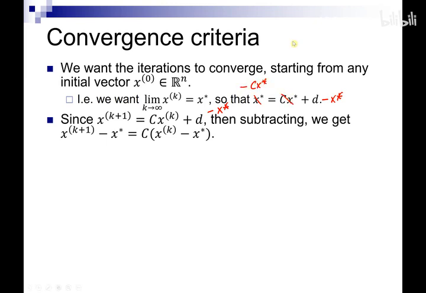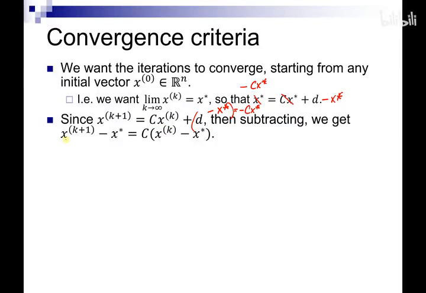You see that D minus x star is equal to, sorry, negative of C times x star. Then you factor out the C, and the right-hand side is equal to C times x of k minus x star.